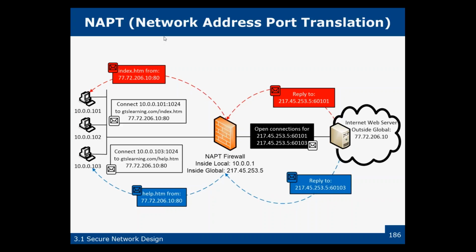So what this does is we connect from 10.0.0.1 to GTS learning at the 77. It goes through the firewall. It goes through the NAT device, and the NAT device is going to give it a port. We do a single IP address with a specific port.